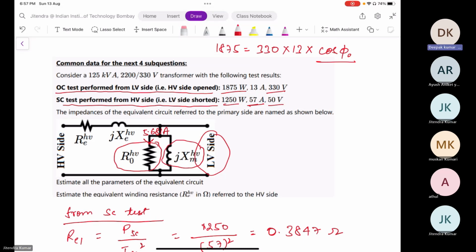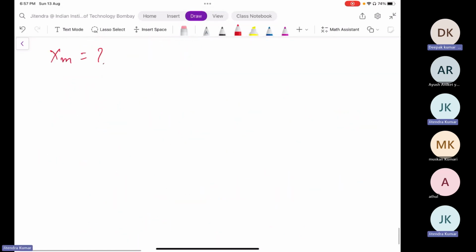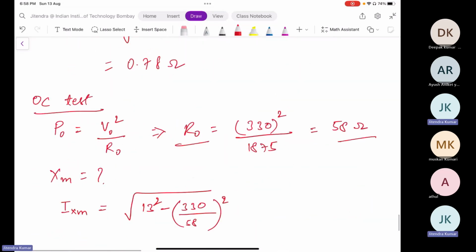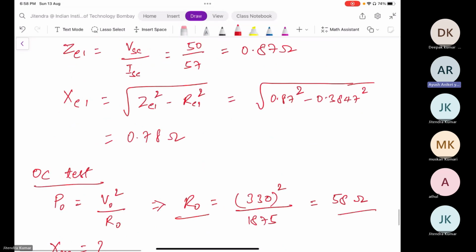And we know the relation between these three currents: I naught equal to under root I A square plus I M square. So you are saying to compute the current IM, right? Yes, sir. So it should be under root of I naught square minus (330 by 58) square. Right, so this we have already computed.